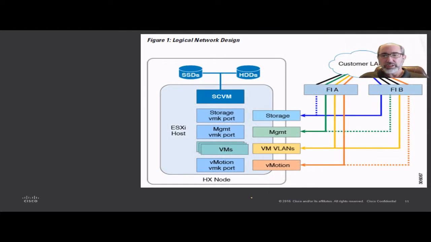So let's just talk about networking a little bit. Networking is fundamental to the performance of HyperFlex because the data is striped across the entire network. As you can see here, you've got two FIs in the environment, and those FIs run at 10 or 40 gig.